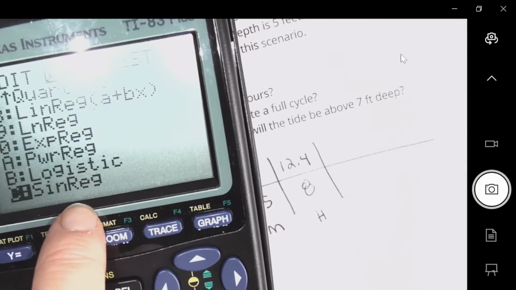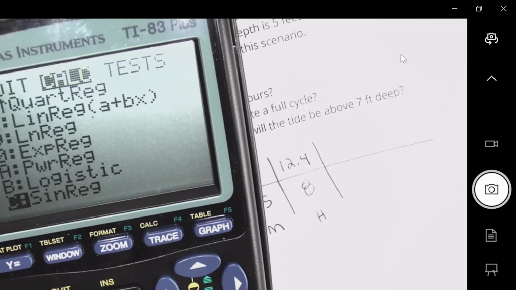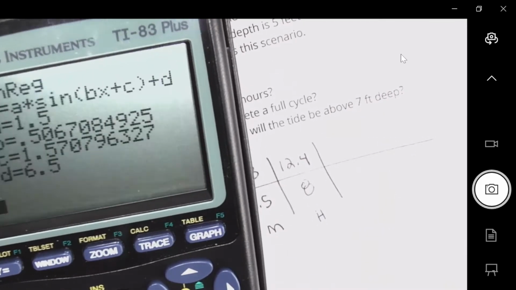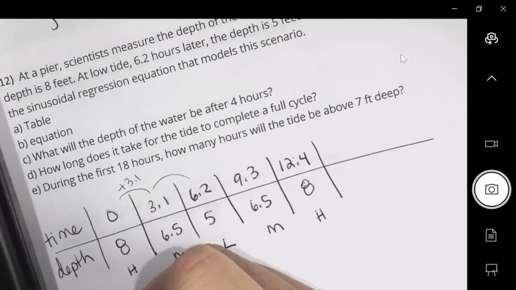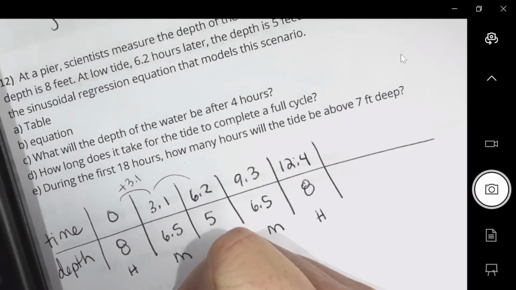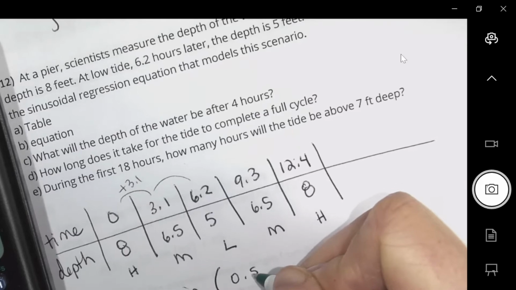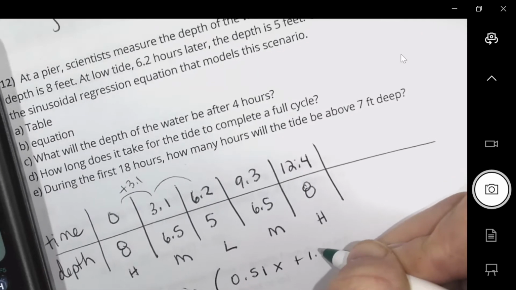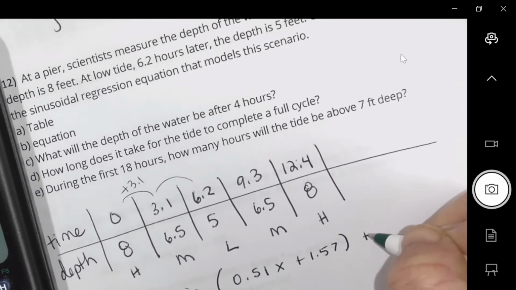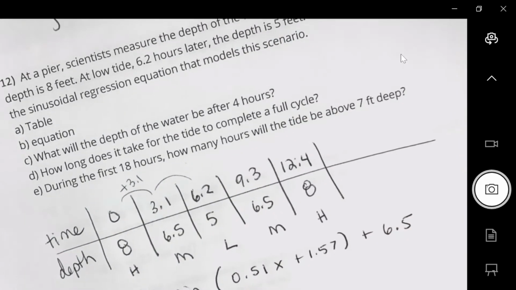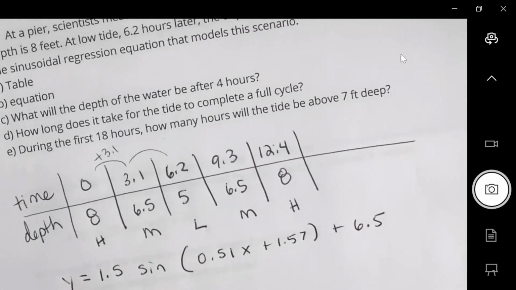Sine regression. So it's the C, enter. And you get yourself an equation.